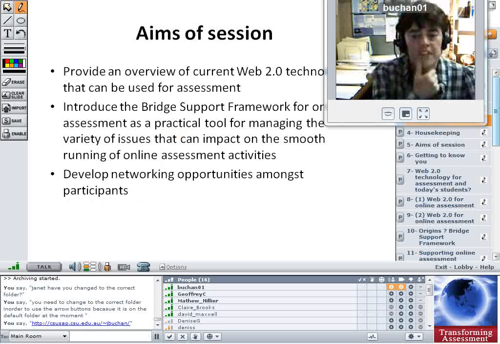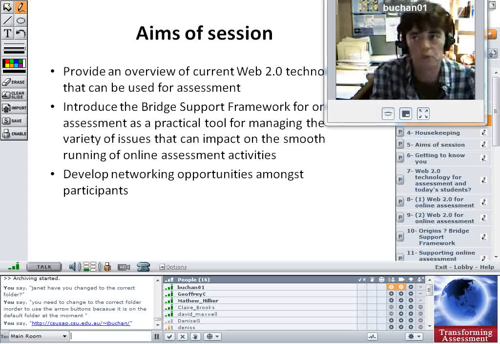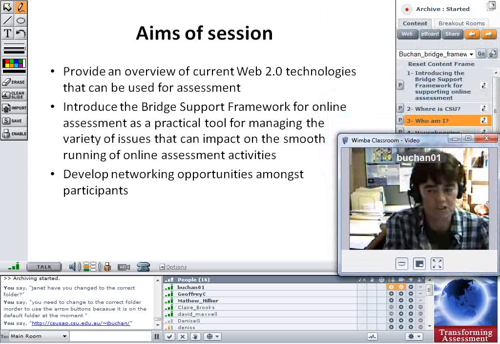So the aims of the session are just to give a very brief overview of some current Web 2 technologies that can be used for assessment, more where people are at themselves than sharing things. It is useful to know where we're all at and what our needs are, and that way you can perhaps tailor the session towards that.